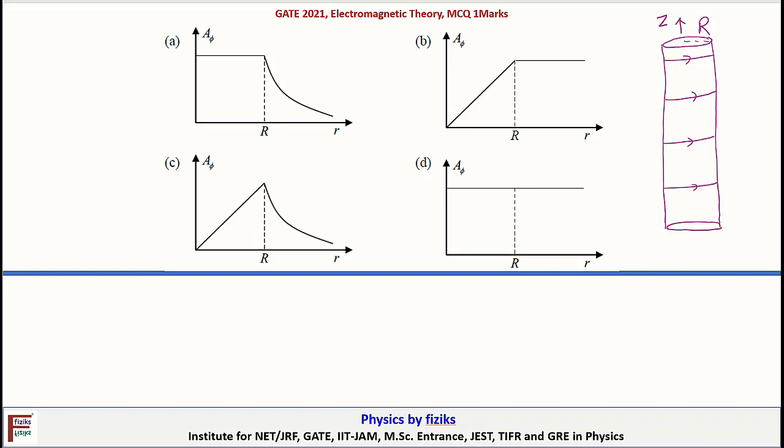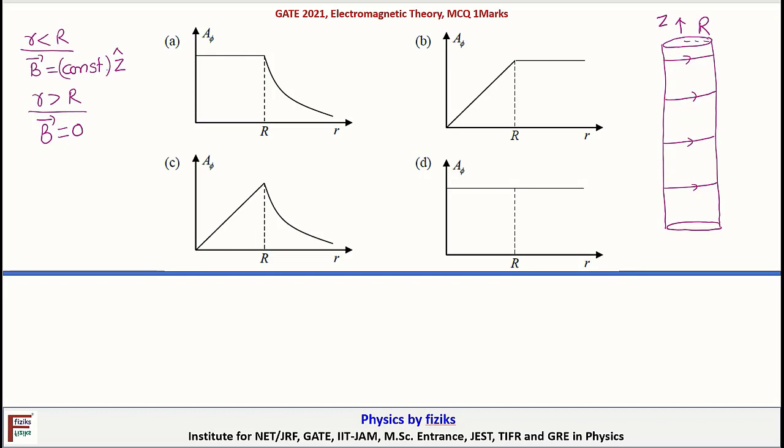So we know that for small r less than capital R, the magnetic field B is some constant, and the direction will be the Z cap direction, and outside, the magnetic field B is 0. That we know, and that is given also.